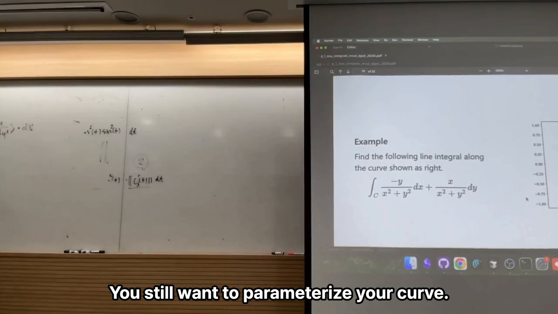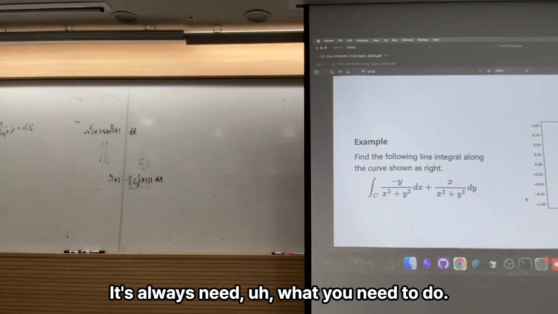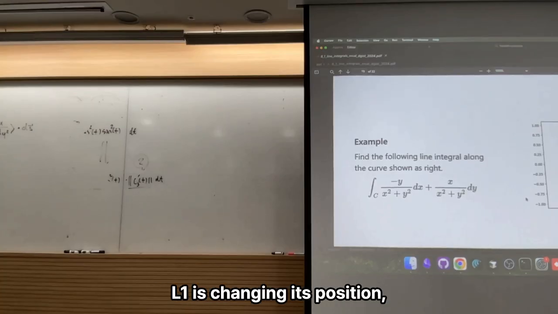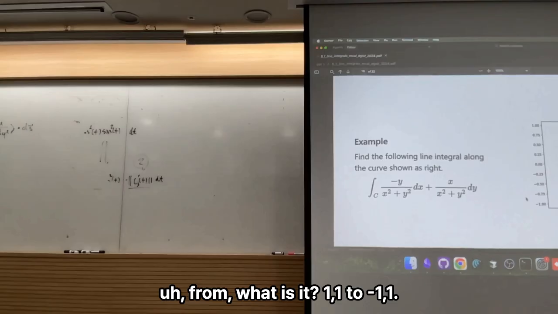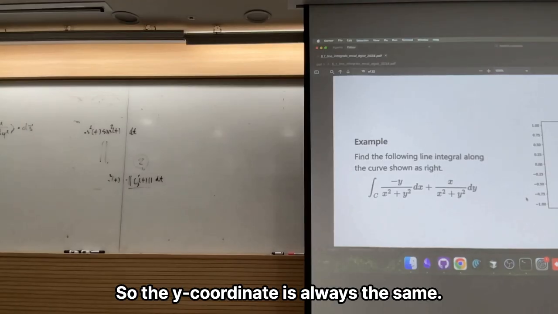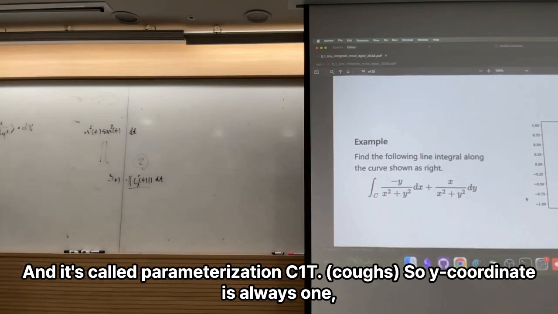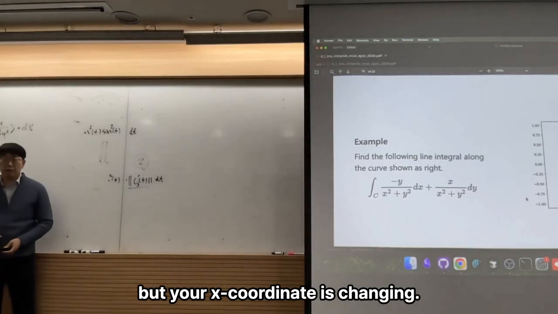You still want to parameterize your curve. It's always what you need to do. In this case, L1 is changing its position from 1, 1 to minus 1, 1. So the y coordinate is always the same. Let's call the parameterization C1(t). The y coordinate is always 1, but your x coordinate is changing.